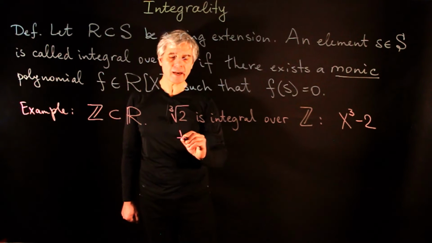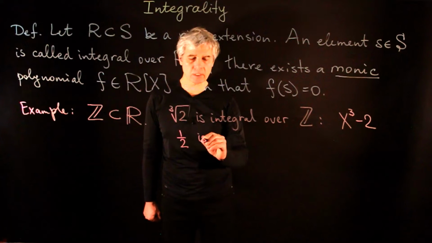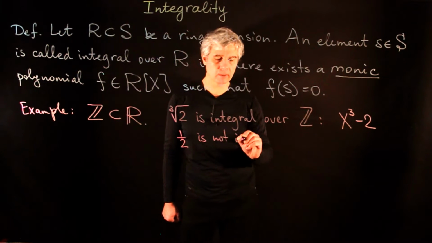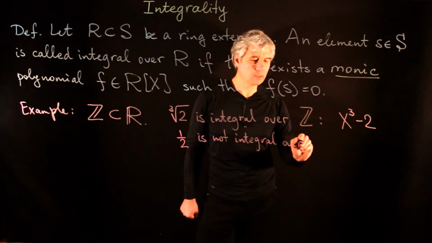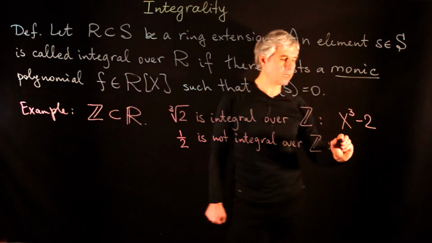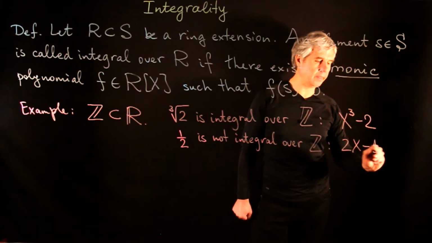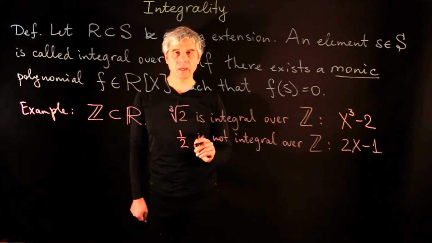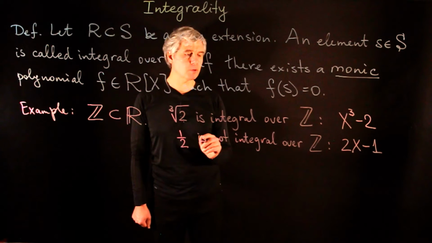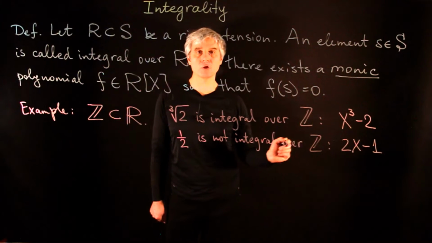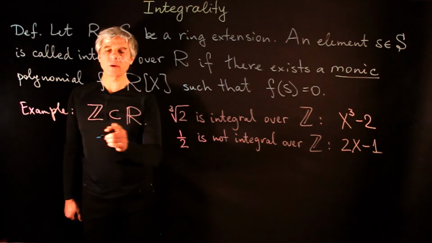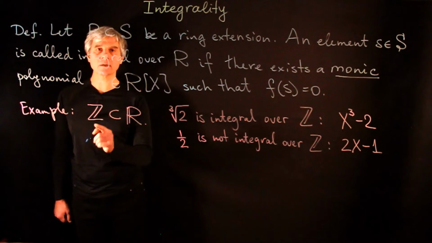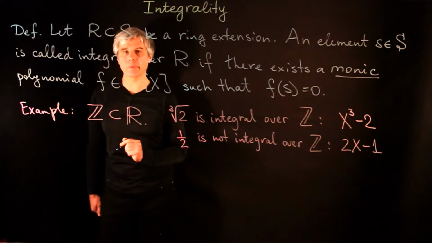If we take 1/2 on the other hand, this is not integral over Z. The minimal polynomial here is 2x minus 1, which is not monic. And we're going to see today that in fact there is no monic polynomial with integer coefficients for which 1/2 is a root. Clearly, all elements that are integral over Z are algebraic numbers.